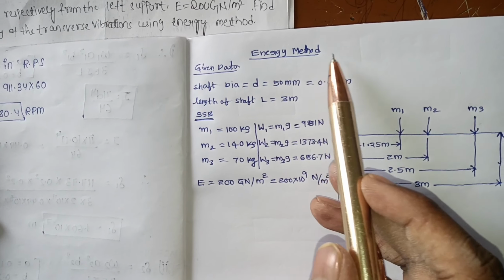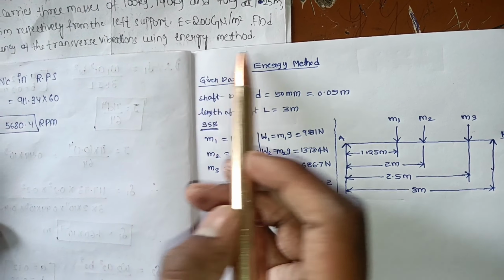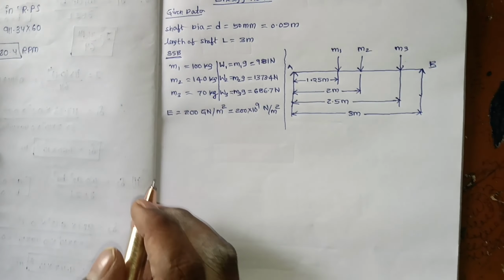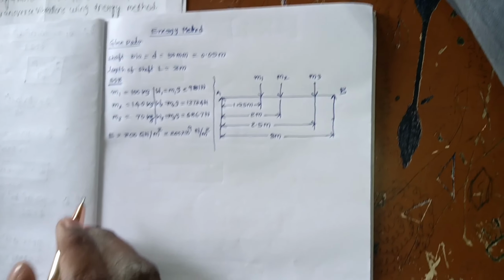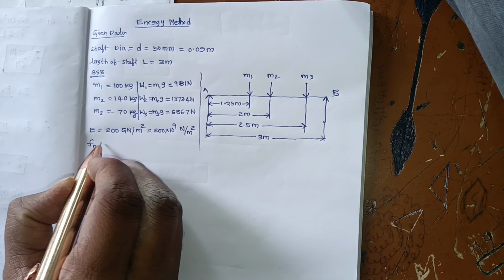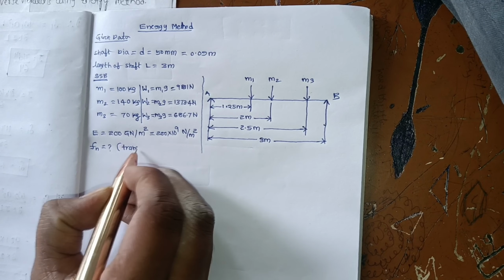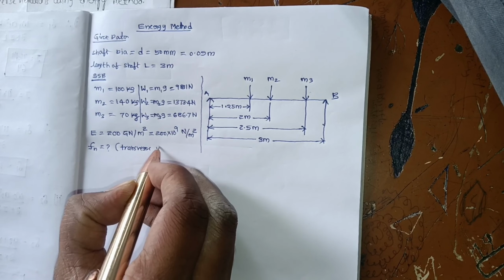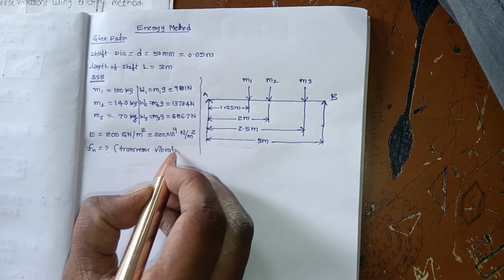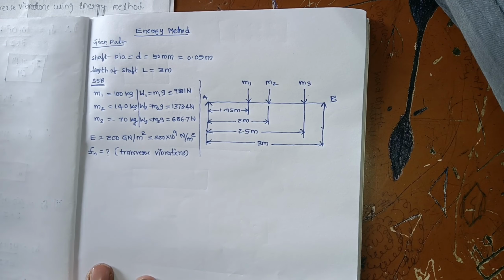Energy method is also called Rayleigh's method. Sometimes the same problem is asked in Rayleigh's method. You have to find the transverse vibrations, that is Fn for transverse vibrations. The method is energy method or Rayleigh's method.